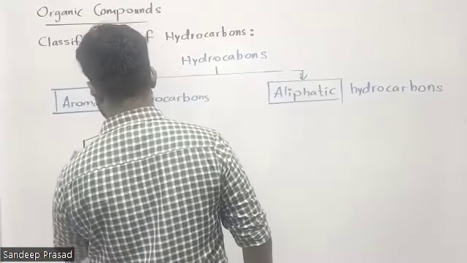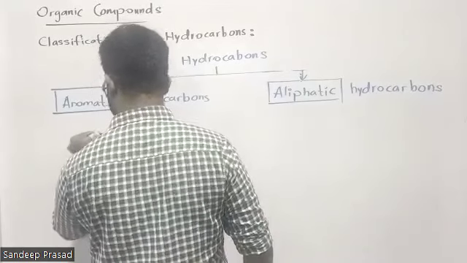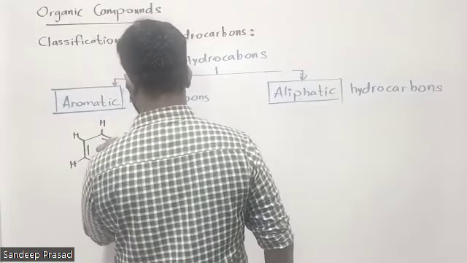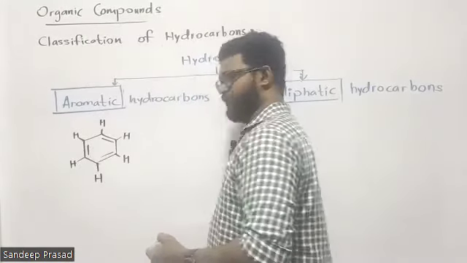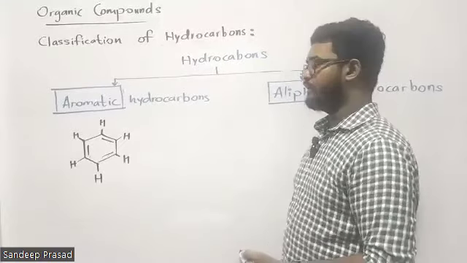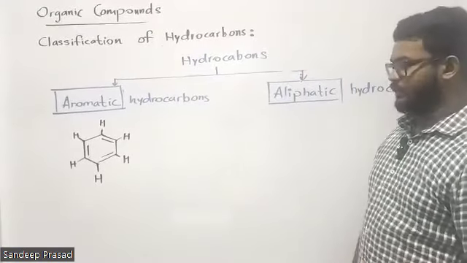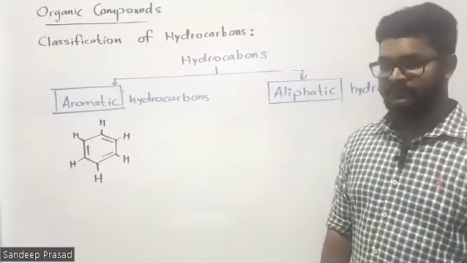There are so many aromatic compounds, but in our A-level syllabus, we are discussing only benzene and its derivatives. There are so many benzene containing compounds like toluene, phenol, nitrobenzene, chlorobenzene, bromobenzene. So therefore, we are going to discuss benzene and its derivatives.